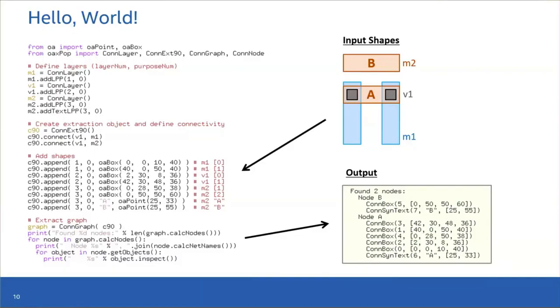You're going to have to find that out, depending on how your program handles it. But you could have 0 or more net names based on text labels that were used for a given node. Okay, so there's that.